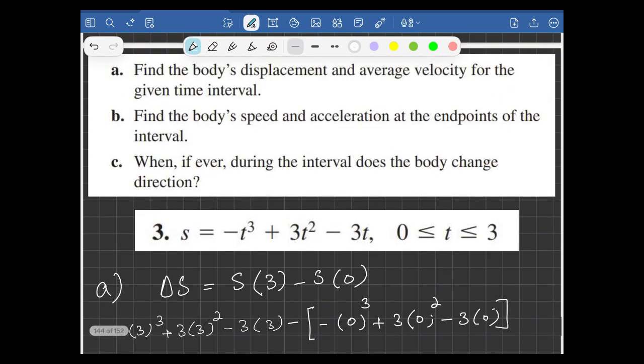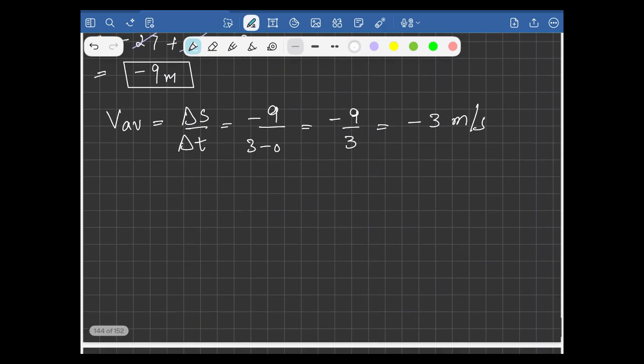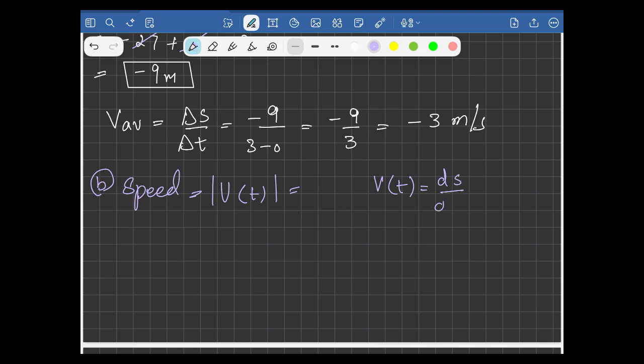The second part of the question said body speed and acceleration. Body speed, as you already know, is the absolute value of the velocity. So we need to find the velocity first, which equals the derivative of the displacement function, ds over dt.